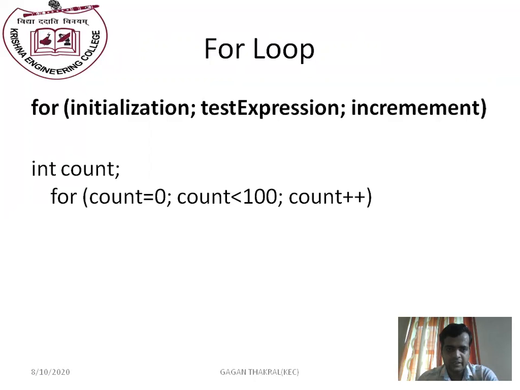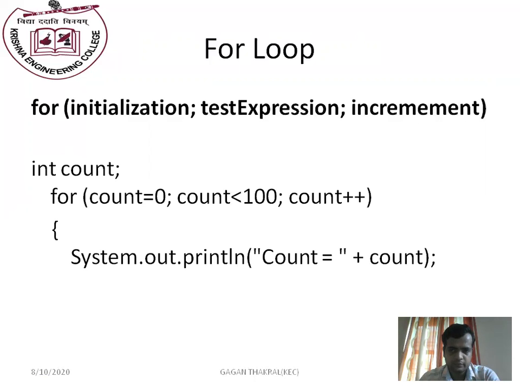Here we initialize count with the value 0, and in the test expression we check if count is less than 100, then it will work automatically. And finally we increment count with count plus plus, increasing the variable count by 1.